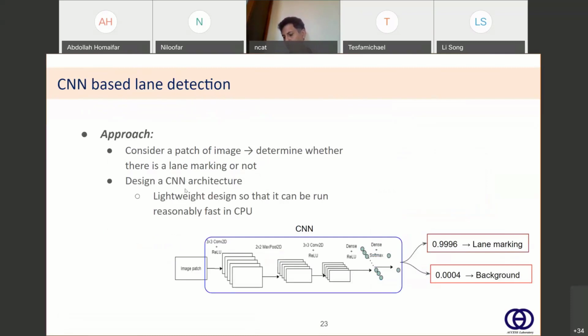In order to do that, we came up with a simple convolutional neural network architecture. We want this neural network to be lightweight with very few parameters, and it should work reasonably fast even without a GPU.